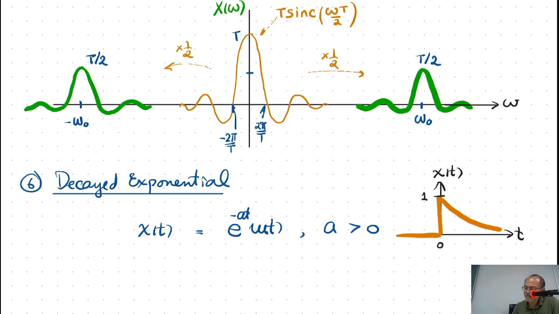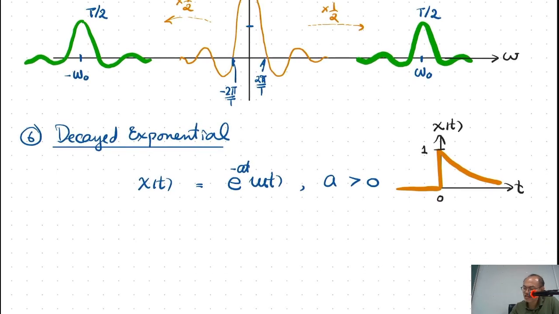So now let's try to find the Fourier transform. Let's try to find the spectrum of this one. In this case, we can use direct integration to find the Fourier transform. It is pretty easy. So x of omega, the frequency spectrum of this decayed exponential. Now we use the definition of the Fourier transform.